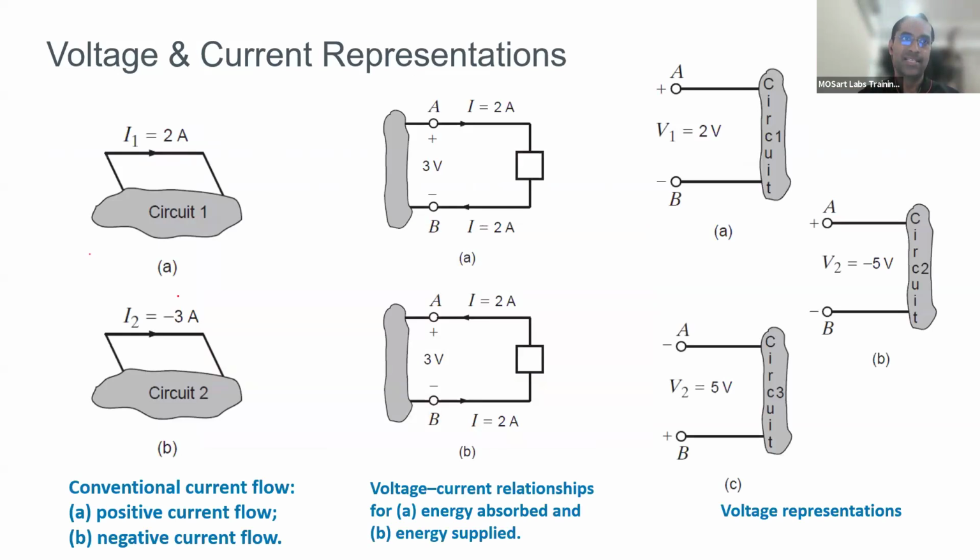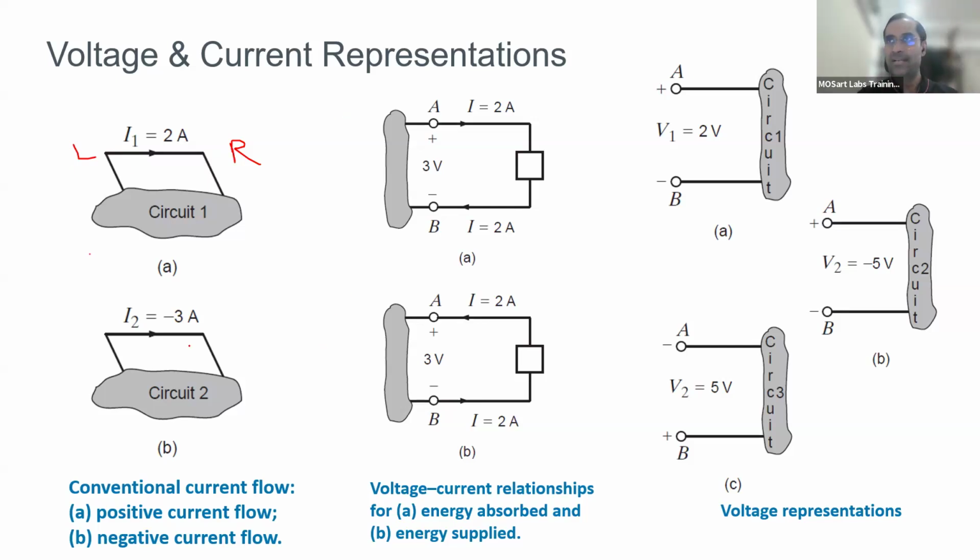Right. Okay. On the left side, there is a circuit, and we can show that the current is flowing from left to right, and we give a magnitude for this current. We say my current is 2 amperes, 2A, flowing from left to right.